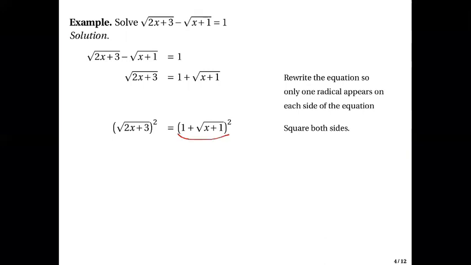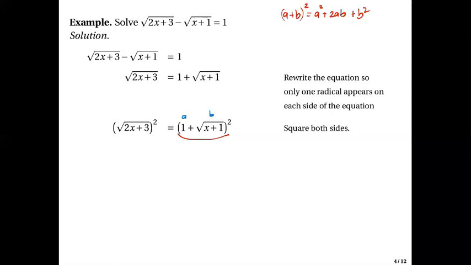Remember your a plus b quantity squared. Let me clarify that. This is a squared plus 2ab plus b squared. So this is your a here. This is your b here.